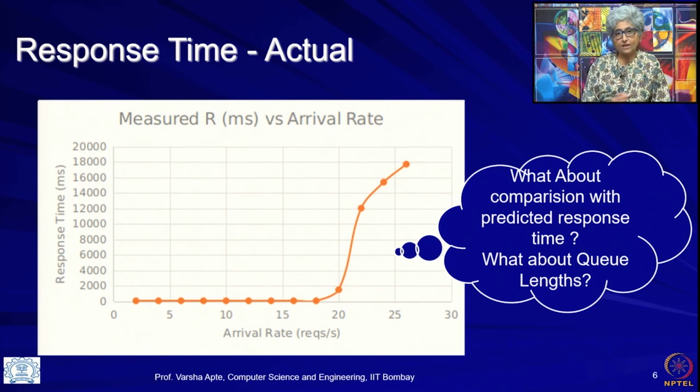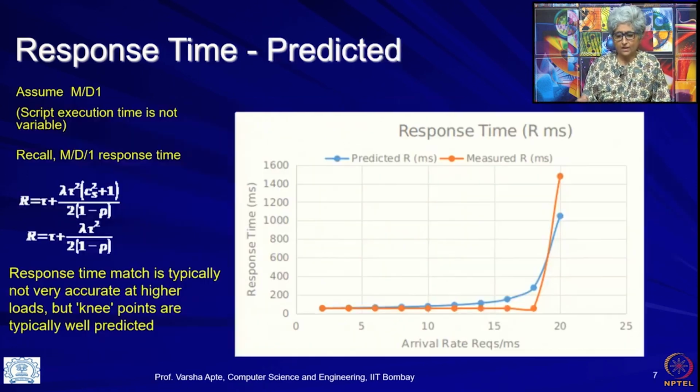And meanwhile in the previous lecture we have learned those formulae, right. So, let us go ahead and assume that the web server is an MD1 queuing system. Whether the arrivals are really memoryless or not is not very clear.